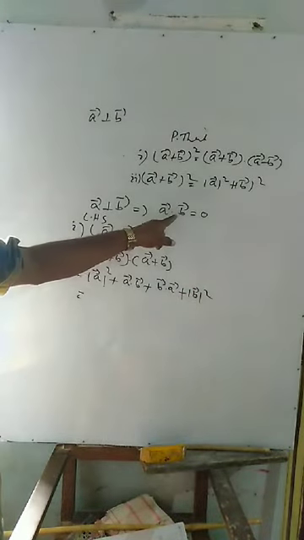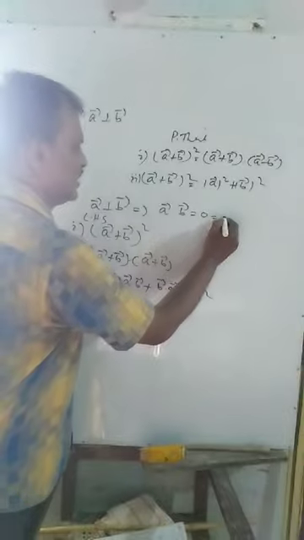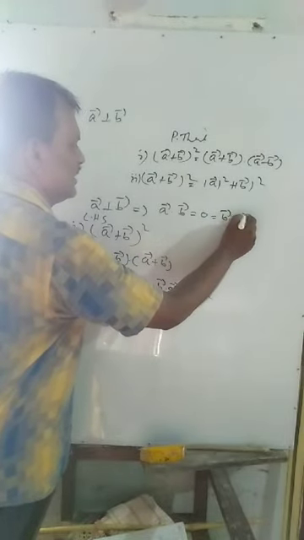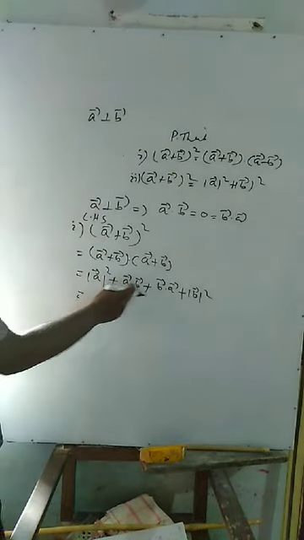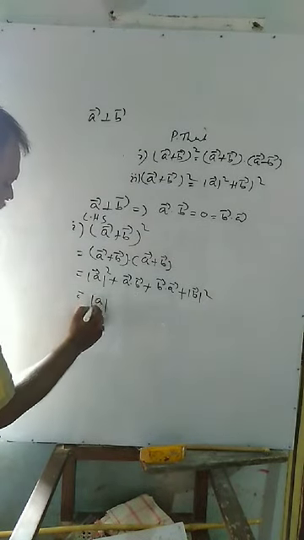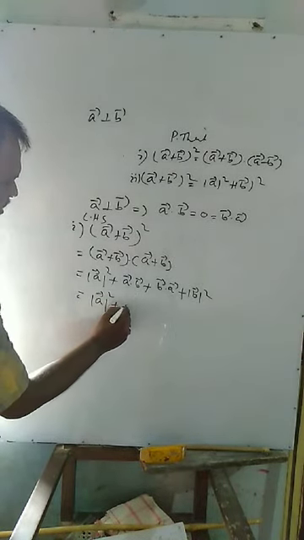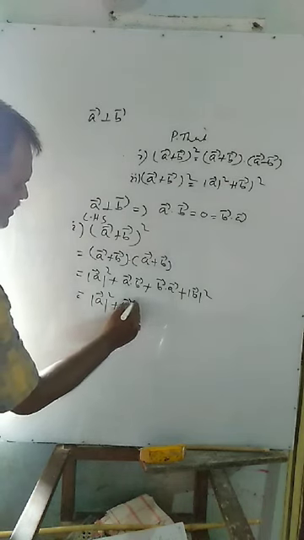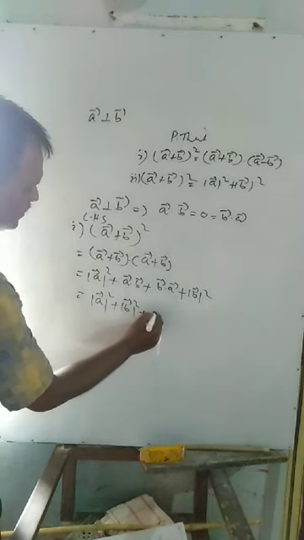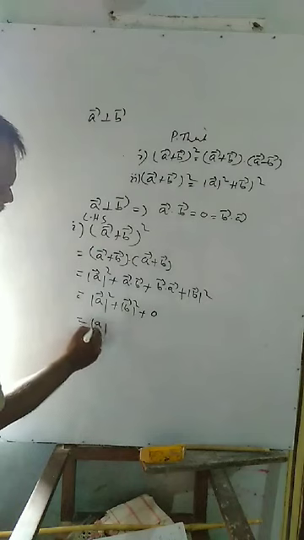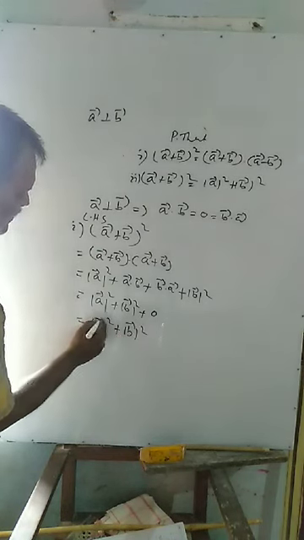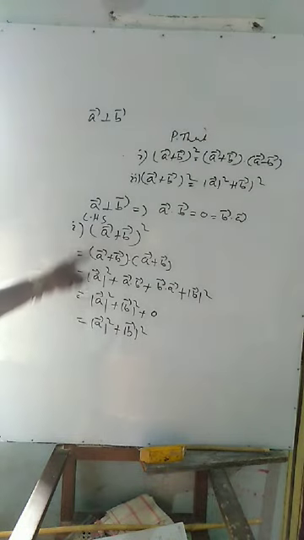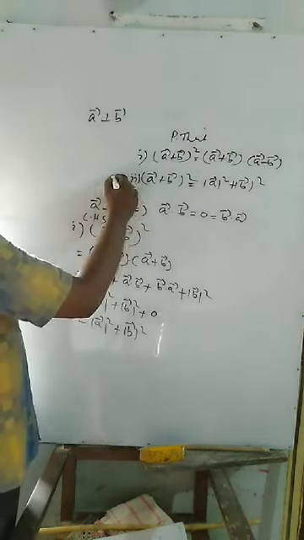You know a dot b equals 0 means b dot a is also 0. Instead of these two you put 0. Then it is a square plus b square, and the rest is 0. So this is equal to a vector square plus b vector square. So the LHS is proved.